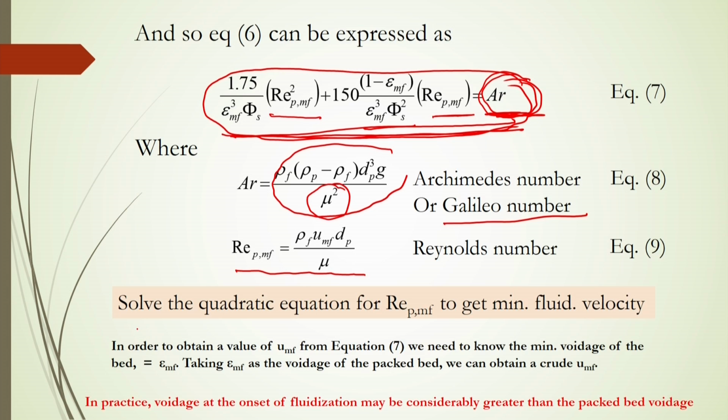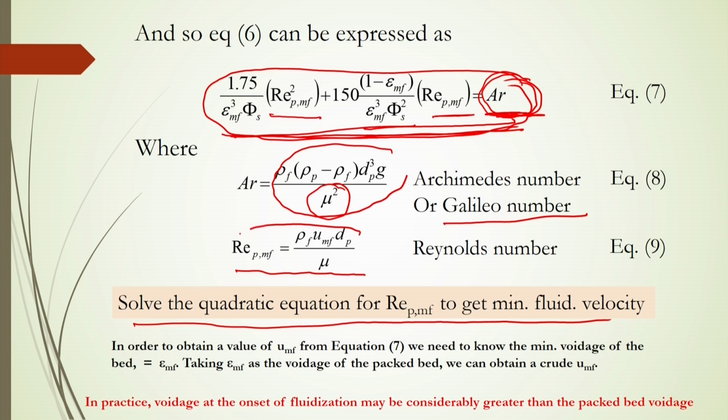So, if you solve this quadratic equation, you will get the equation for the Reynolds number at minimum fluidization condition. Solve this quadratic equation to get Re mf. From this Re mf, you will get the minimum velocity.